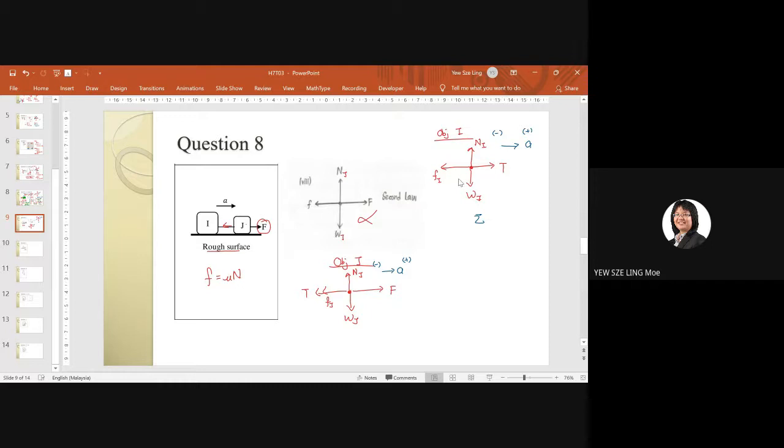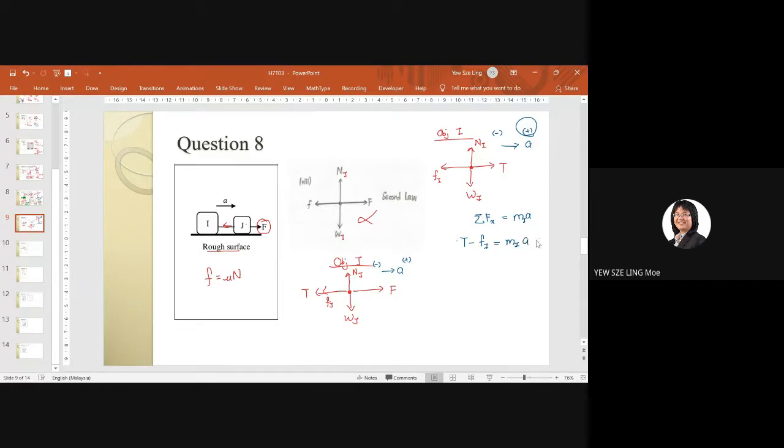Again, object I. Summation Fx equals m a, so mi a. This A is happening along the X component, therefore for X components we apply the second law. Because I'm taking the right-hand side as the positive direction, T minus Fi equals mi a.